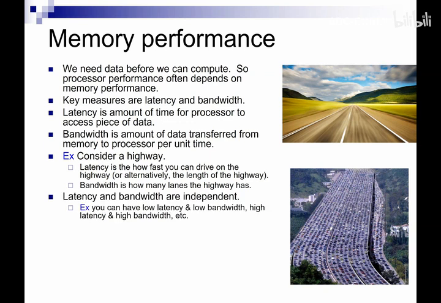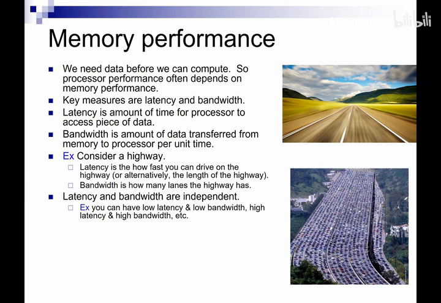Now, these two different ways of measuring memory performance are actually independent from each other, in the sense that you could have processors which have, let's say, low latency and low bandwidth, or processors with high latency and high bandwidth.